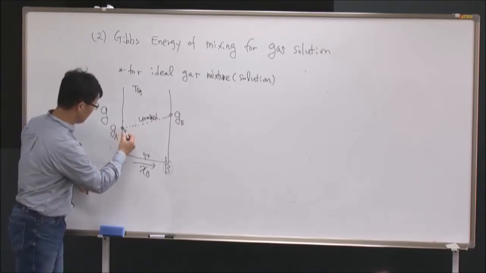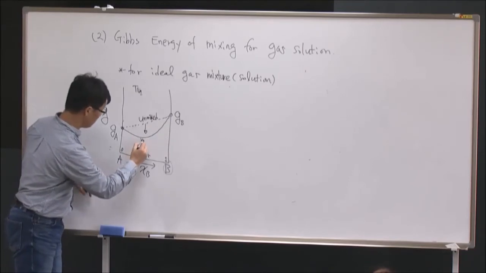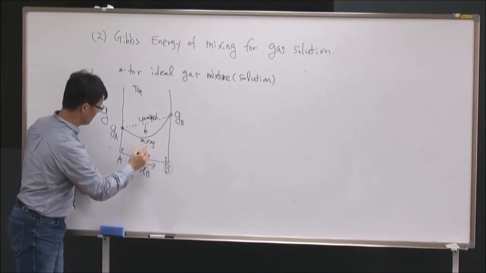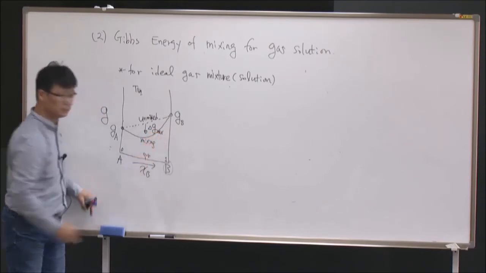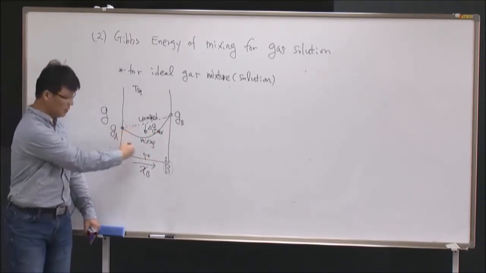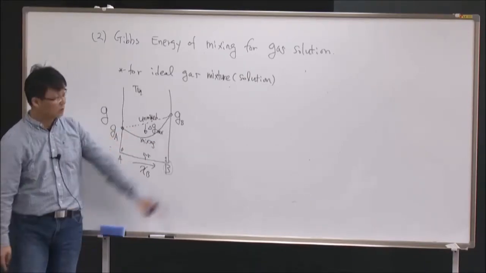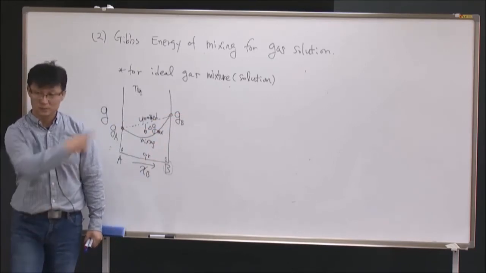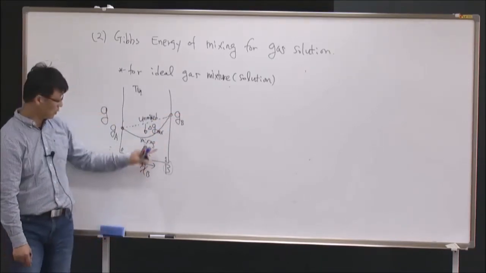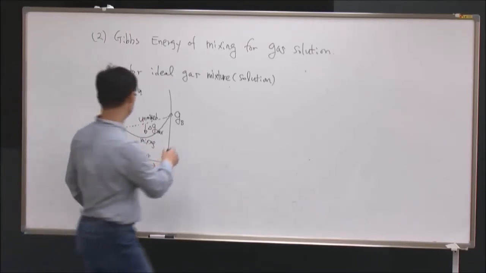So it changes this way by mixing, and this difference is delta G of mixing. At each position, the Gibbs energy of mixing changes depending on the composition, because the mole fractions XA and XB are inside my equation. So it can change, and the maximum is at 0.5. I'll show you a little bit later.